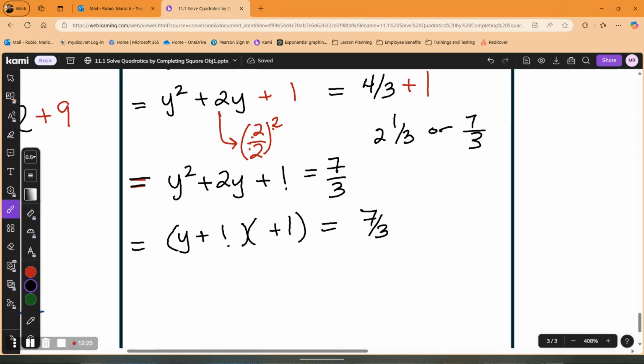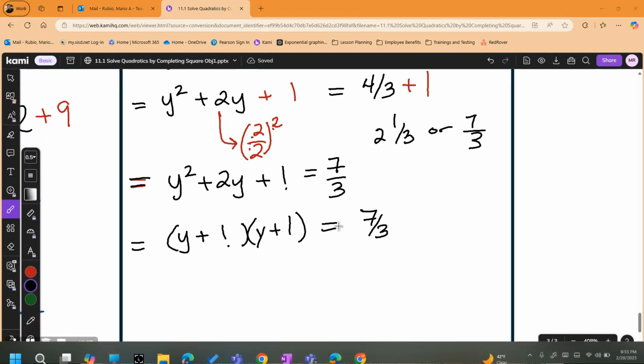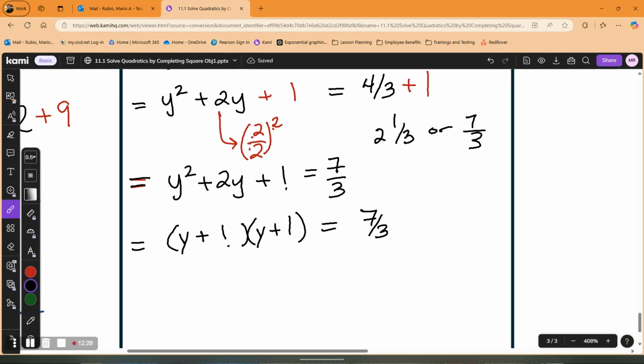Sorry, my y's look so bad. We're going to rewrite it as the binomial quantity squared equals 7/3. So I'm just taking these two things, and instead of writing two things, I'm writing one thing, which is y plus 1 squared. Let me make the y's the same so they look the same.